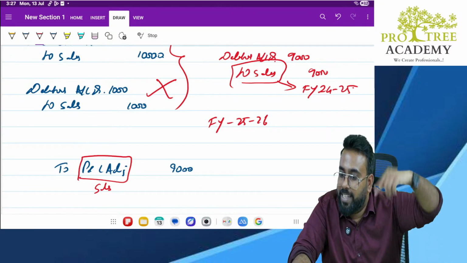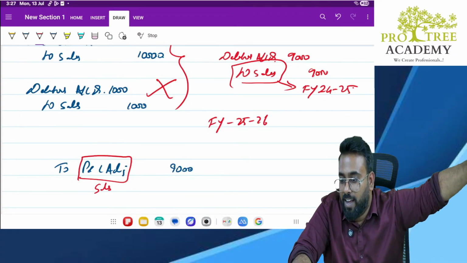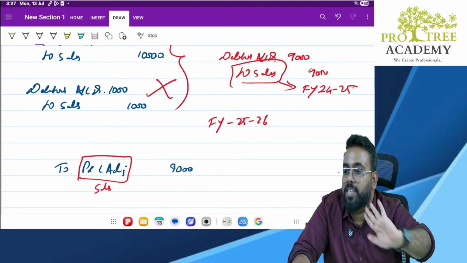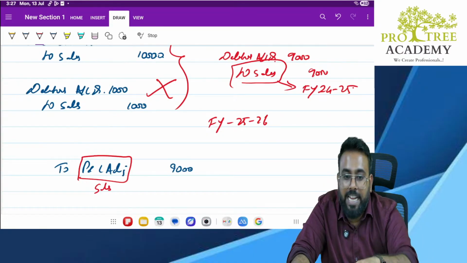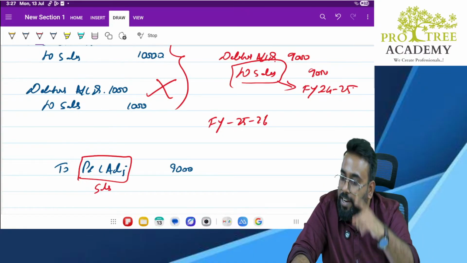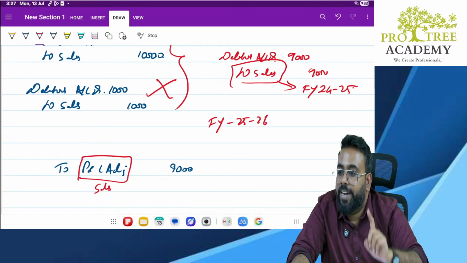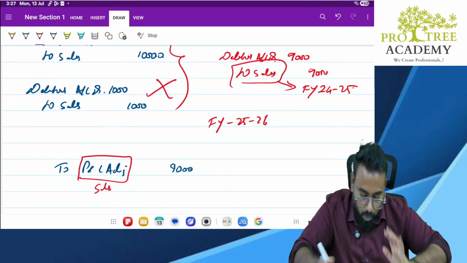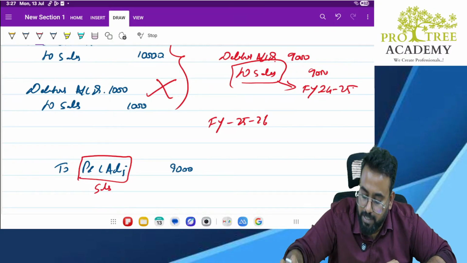If you would have shown it in the last year, it would have gone to P&L account. Now you record the same transaction, but don't record it as sales. It should have gone to P&L. Now we are sending it to P&L, but the name of the account is P&L adjustment account. So instead of sales, we use P&L adjustment account.